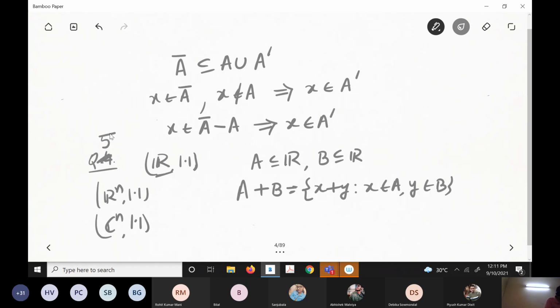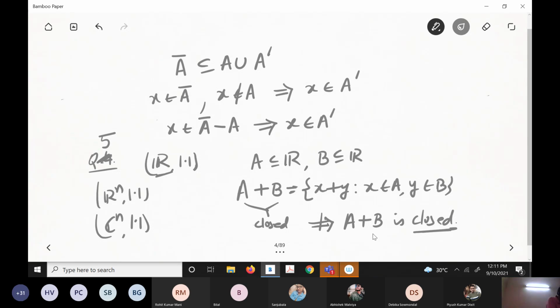So look here, if you take both closed, it need not imply that A plus B is closed. You should find an example.